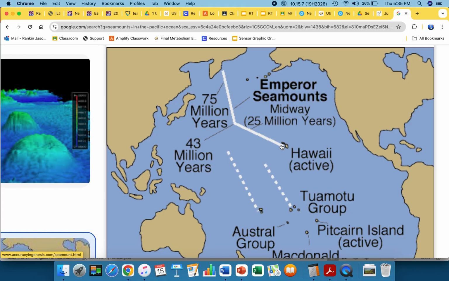But after the island of Kauai, you have a whole bunch of seamounts, right? They're under sea level, and there's more of them in this direction, called the Emperor Seamounts. They were once active, but now they're not. Some of these can be broken down to the point where they're officially under sea level.